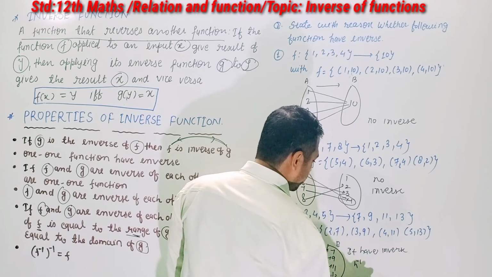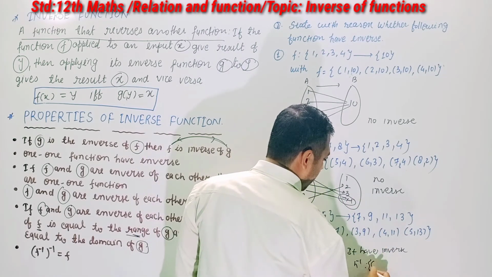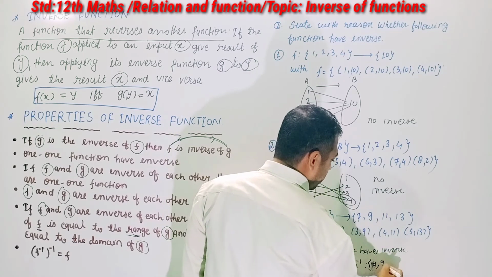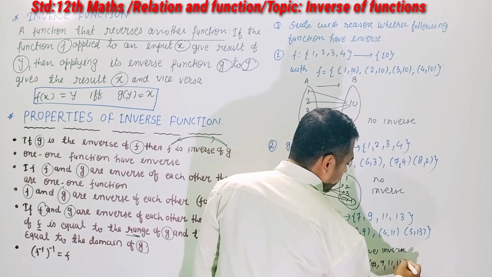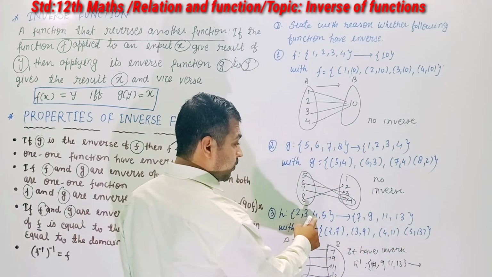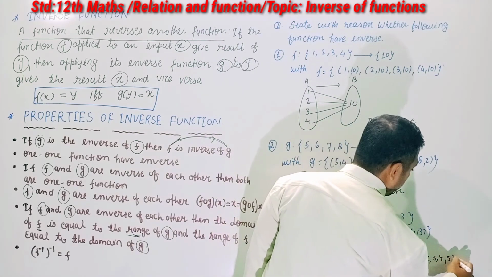So h inverse will be the reverse mapping: 7, 9, 11, 13 going to 2, 3, 4, 5.